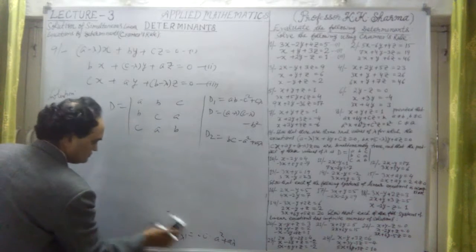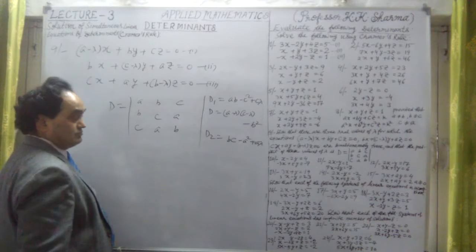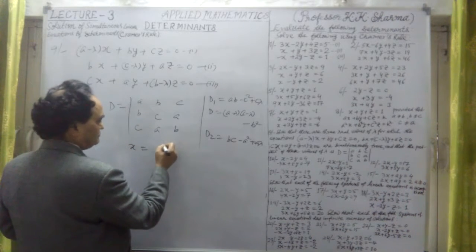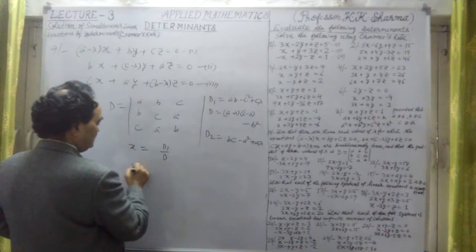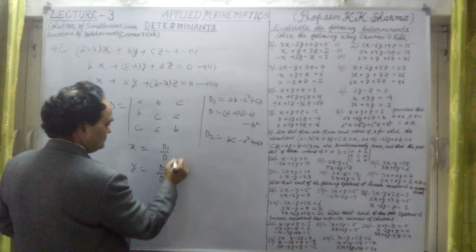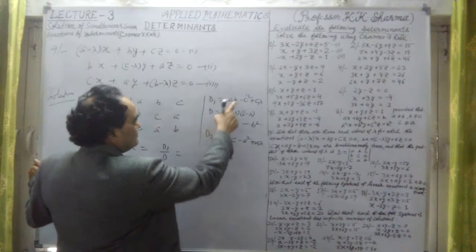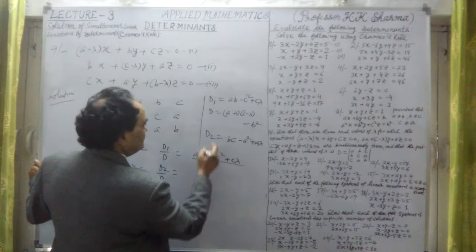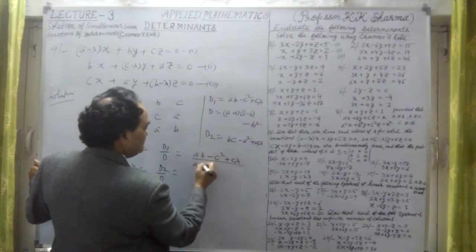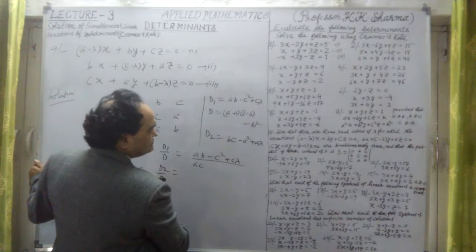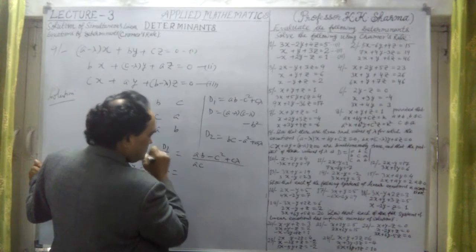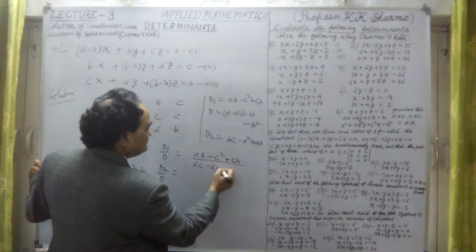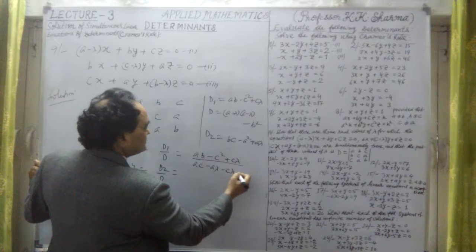Okay, now if I substitute the value of x and of y, x here is D1 upon D, and y here is D2 upon D. D1 is this, AB minus C square plus C lambda, divided by D. D is A square, AC, and minus A lambda minus C lambda and plus lambda square.